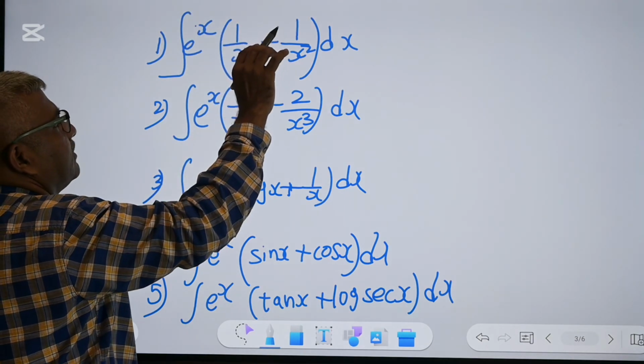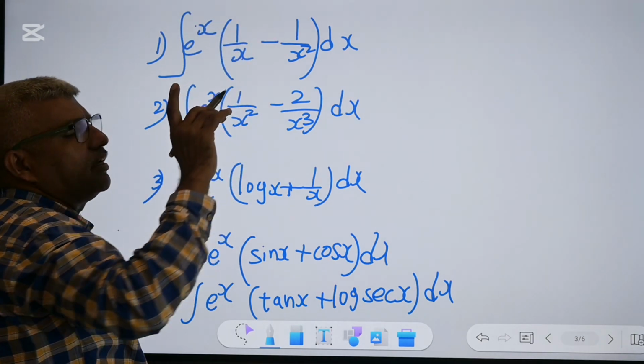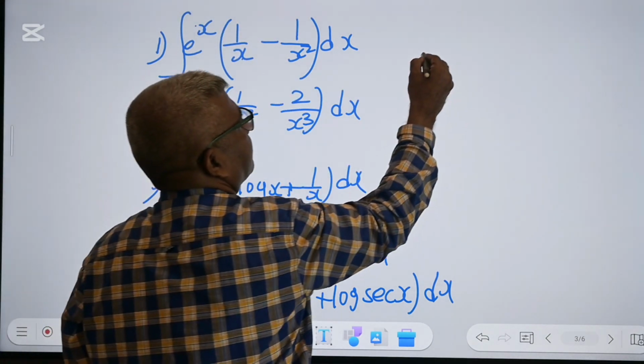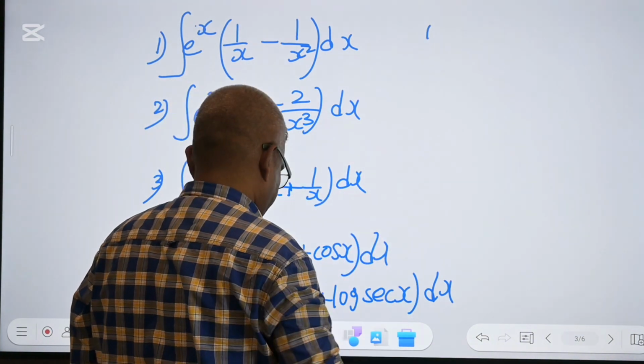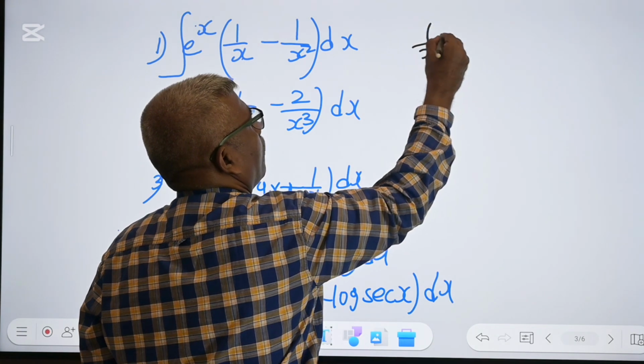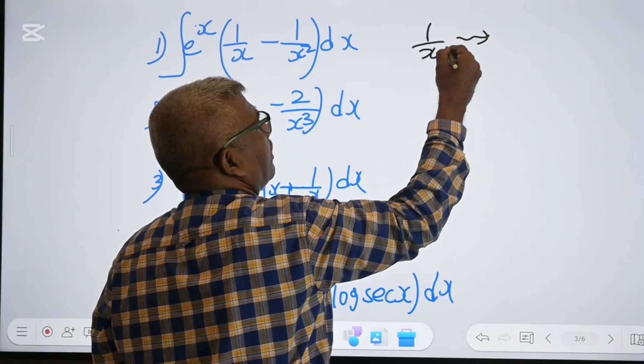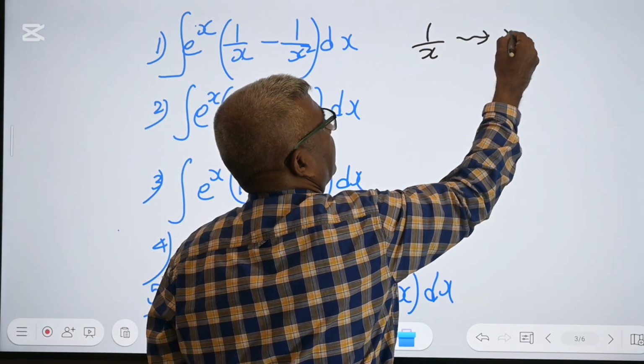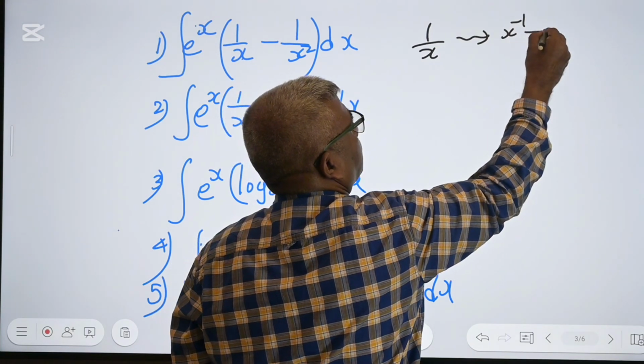e^x. k f(x) is 1/x. 1/x you differentiate. 1/x is x^(-1).